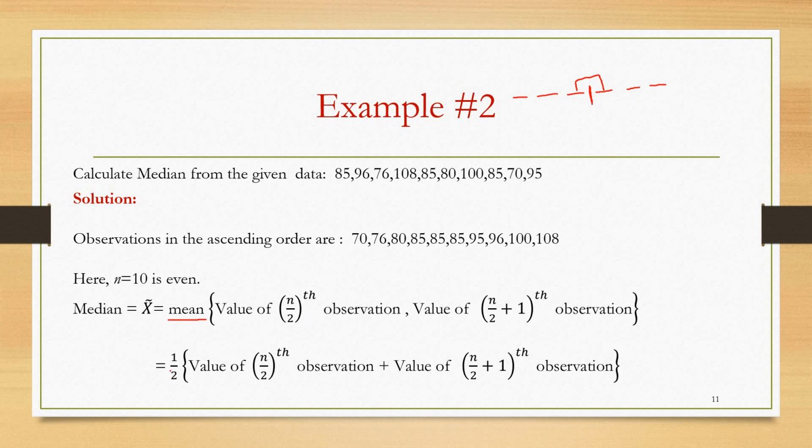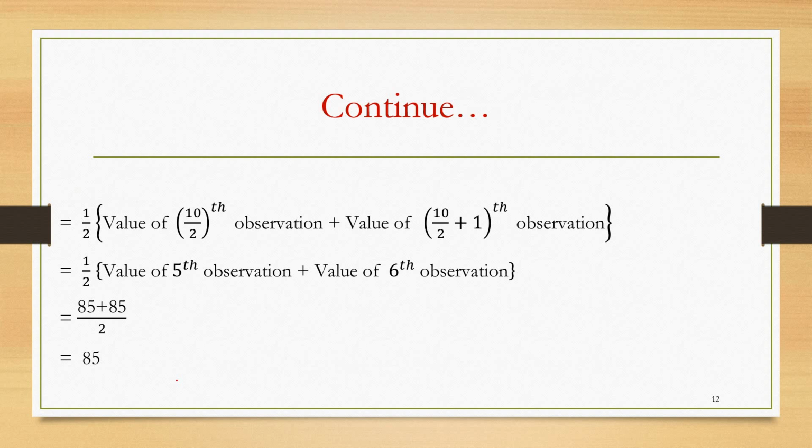We can also write it as 1 by 2 of this value plus this value, because we know mean is the sum of observations divided by the total number of observations. And then we have to calculate the mean of these two. Sum of observations divided by number of observations. N is 10. 10 by 2, the 5th observation. 10 by 2 plus 1.